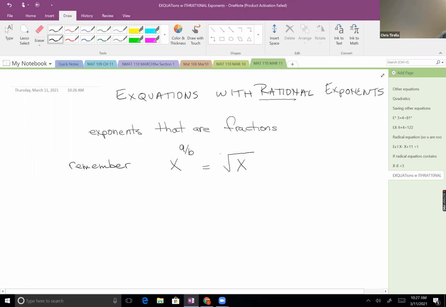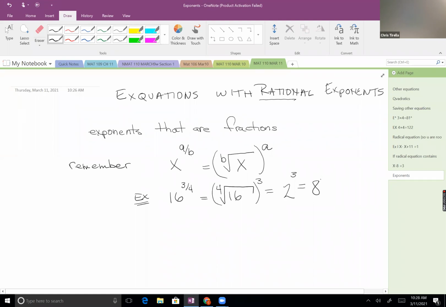The denominator is the index of the radical, and the numerator becomes an exponent. So for example, if I take 16 to the 3/4, it means I'm taking the 4th root of 16 and cubing it. The 4th root of 16 is 2. 2 to the 3rd is 8.